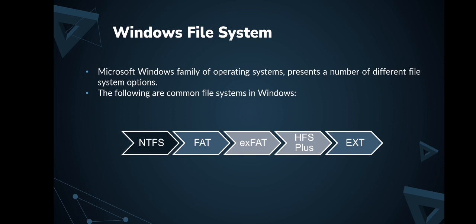Microsoft Windows uses two major file systems: NTFS, which is the primary format used by default by most modern versions of the Windows operating system, and FAT, which was inherited from old DOS and has evolved into exFAT, its later extension.